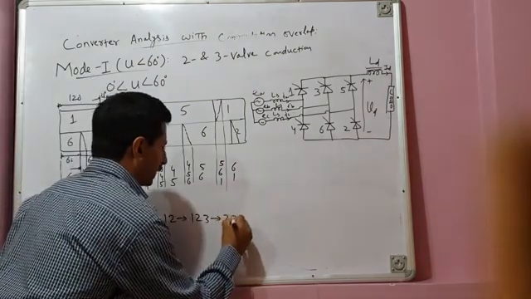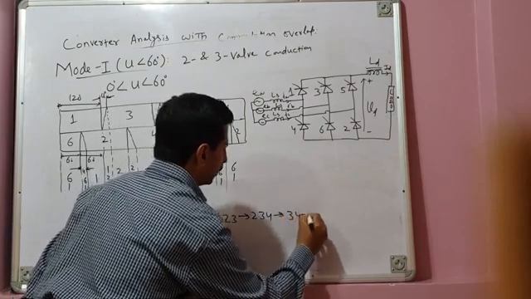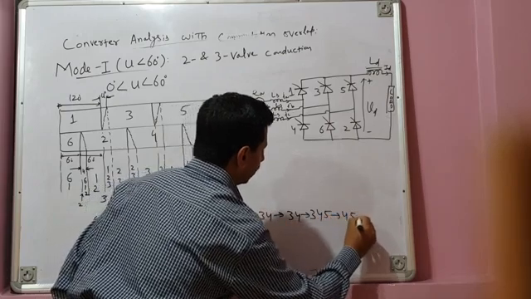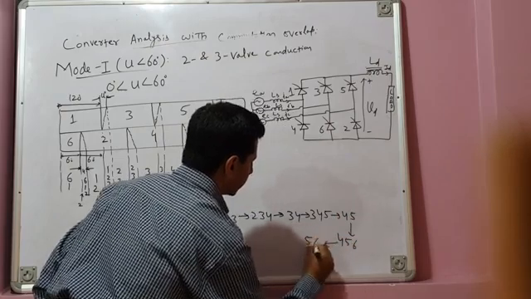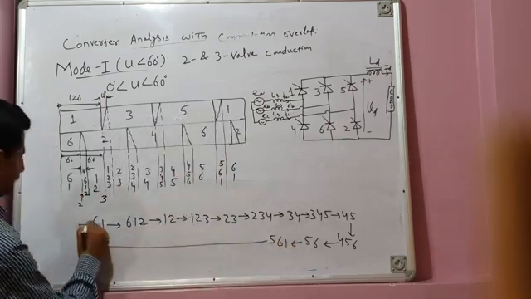So 2, 3. Similarly, 2, 3, 4, then 3, 4, then 3, 4, 5, then 4, 5, then 4, 5, 6, then 5, 6, then 5, 6, 1, then 6, 1.